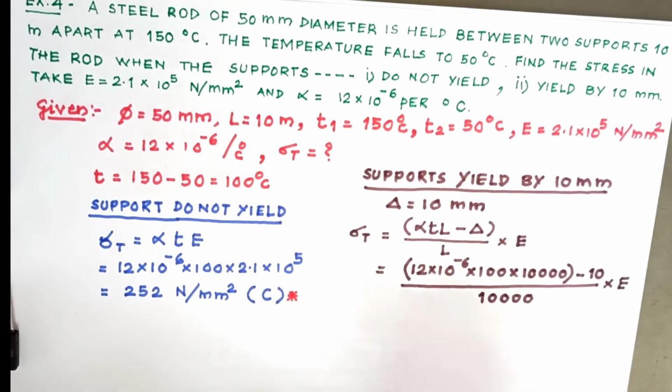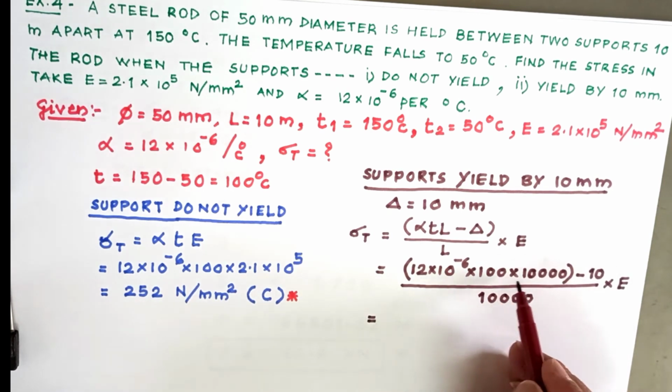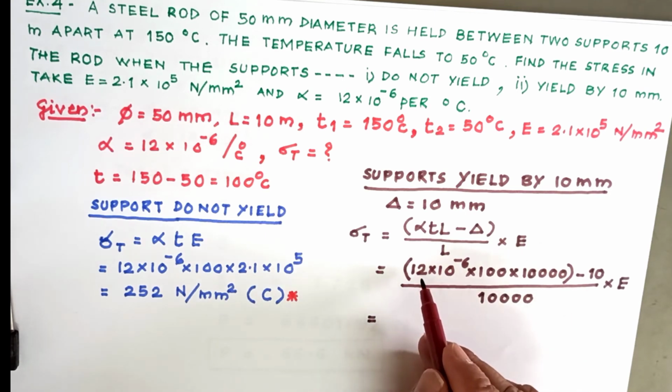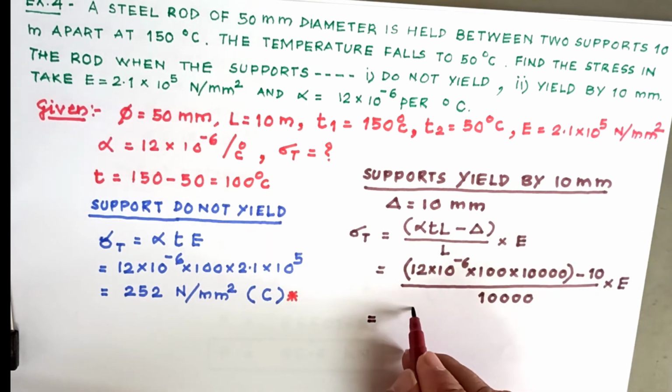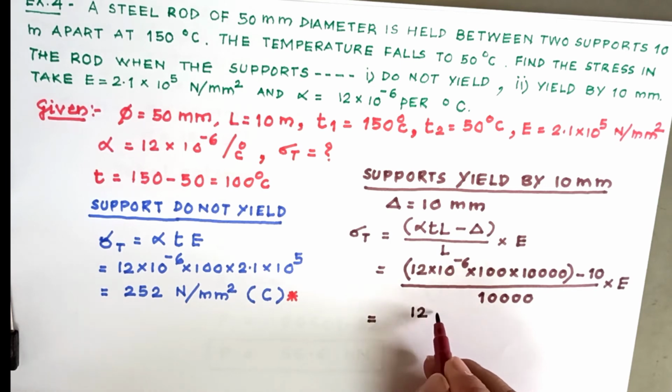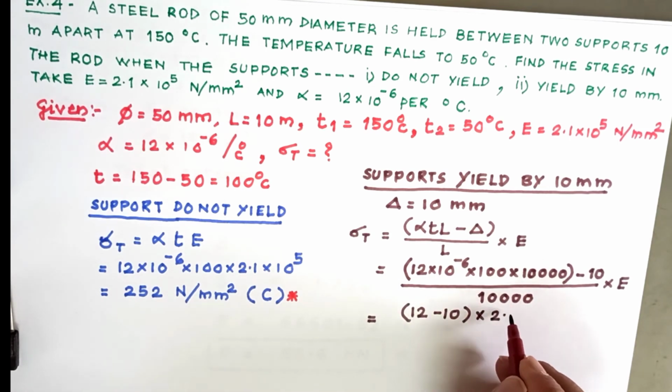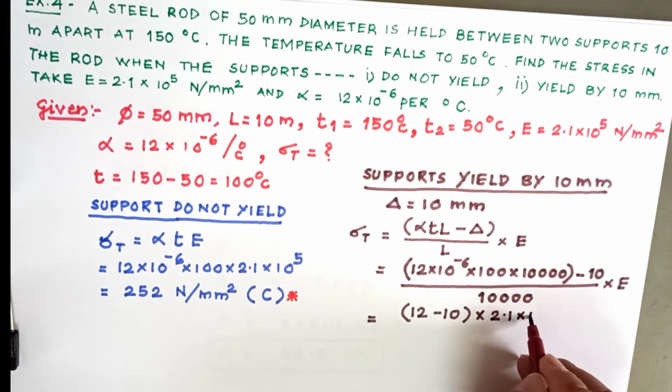Okay? So we will again simplify this. 10 raised to 6, 4 and 2. 10 raised to 6 will get cancelled. So this is 12 minus 10, into E is 2.1 into 10 raised to 5.